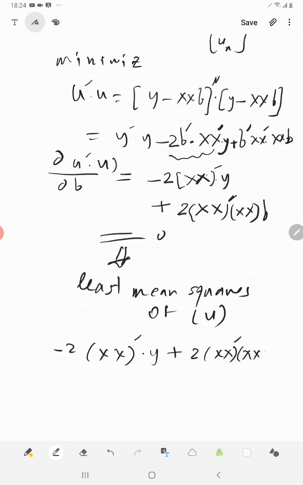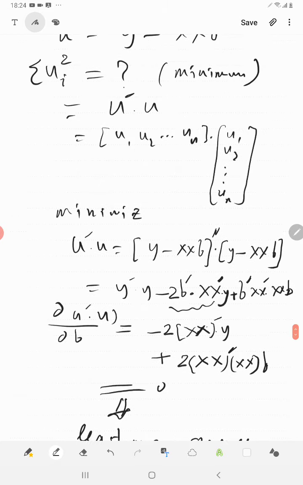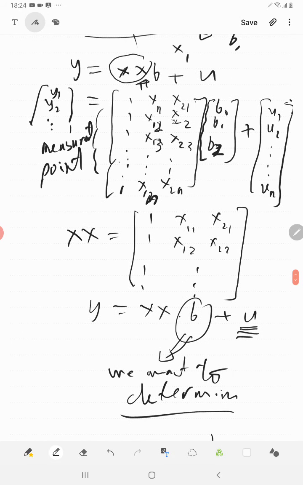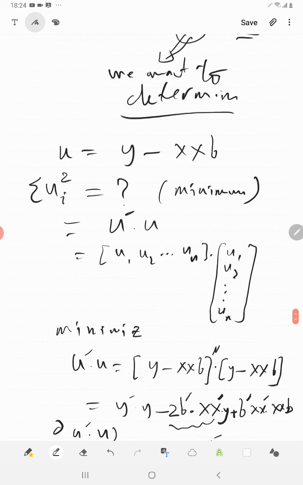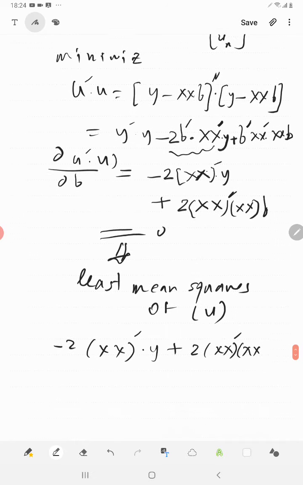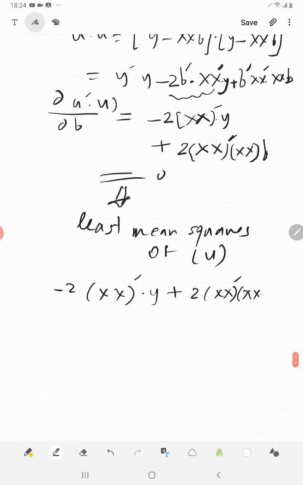XX is just a matrix, I just named it XX. It's not X times X. It is this matrix: ones, measurements of variable 1, and measurements of variable 2, which is x2, and so on. Times B, and this is equal to 0.